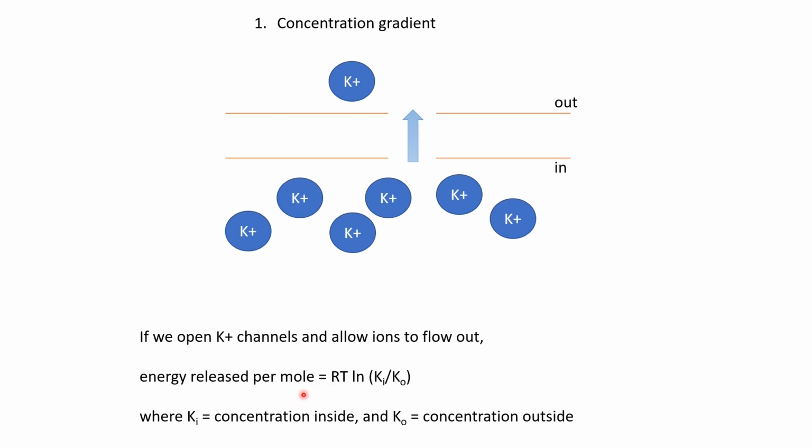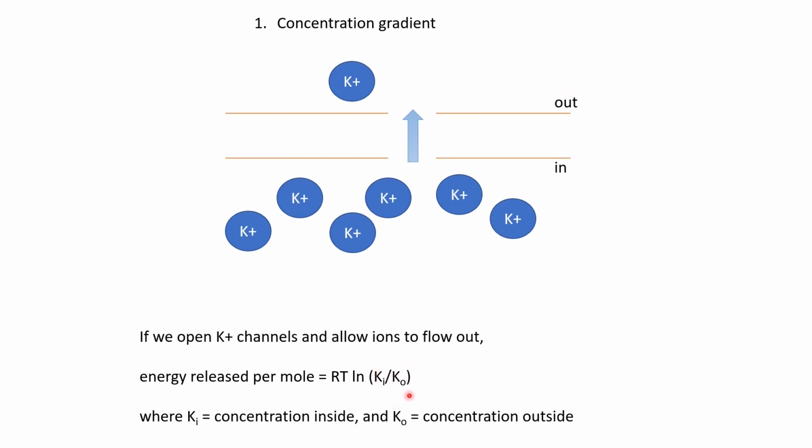So energy released per mole of potassium ions moving out is equal to RT ln Ki over Ko, where R is the gas constant, T is the absolute temperature in kelvins, ln is the natural logarithm, Ki is the concentration of potassium ions inside, and Ko is the concentration of potassium ions outside.